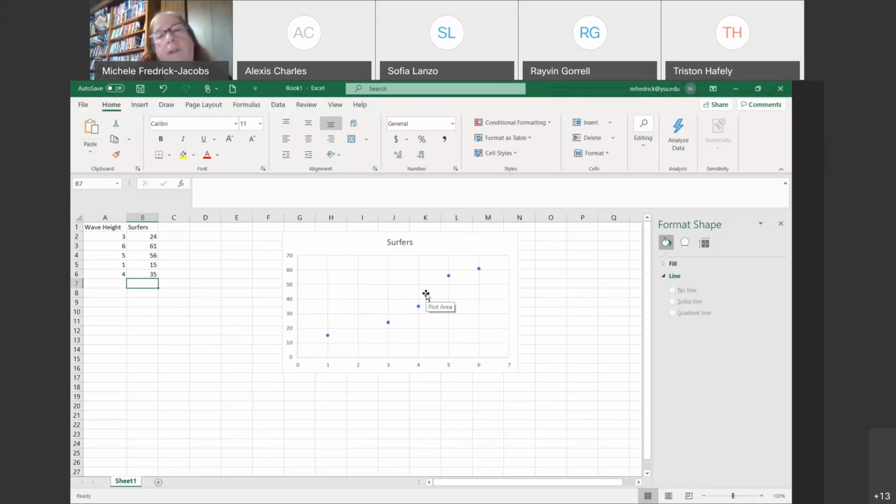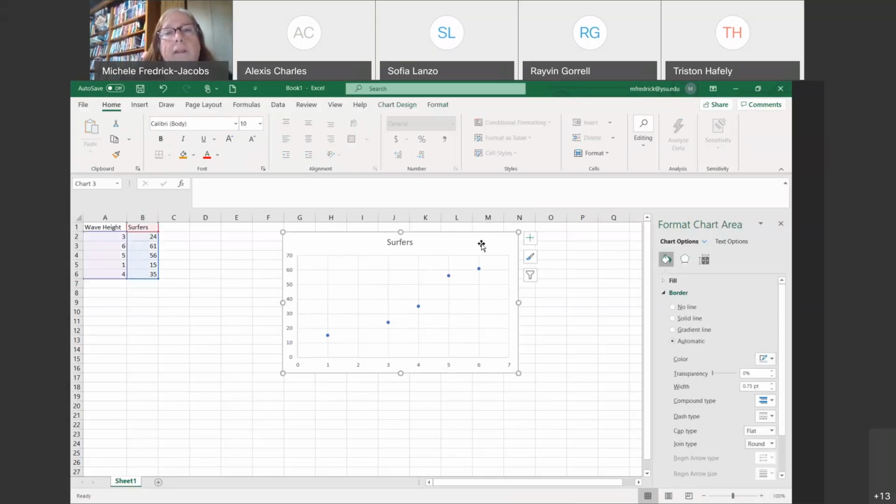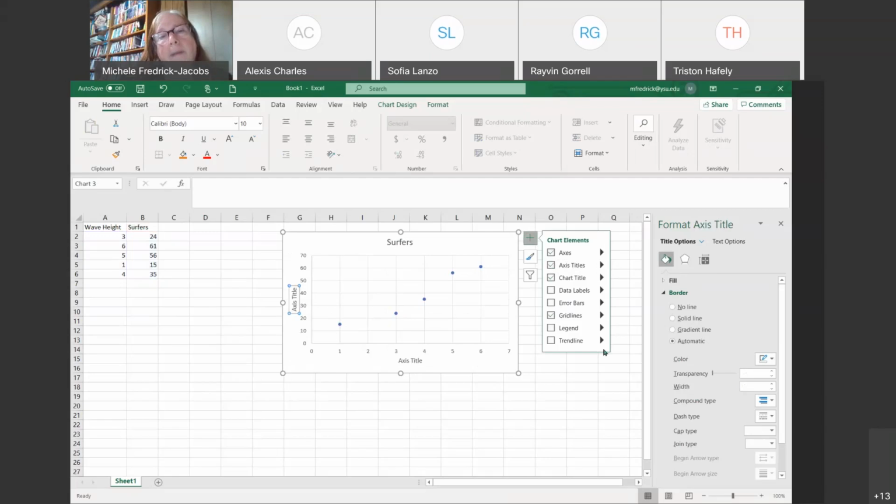Now there's 2 ways, depending on your computer, to get the trend line. If I click on my graph, this comes up. And I can get from here my axis titles so that I can type them in and the trend line. Now, if you don't have that, then you notice how this is stuck on home.